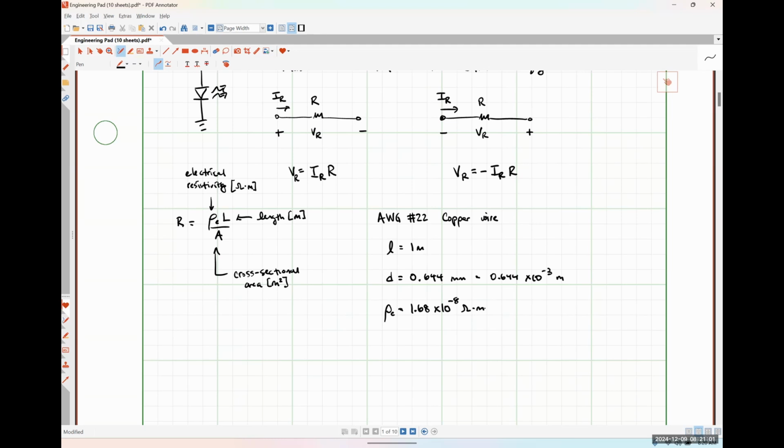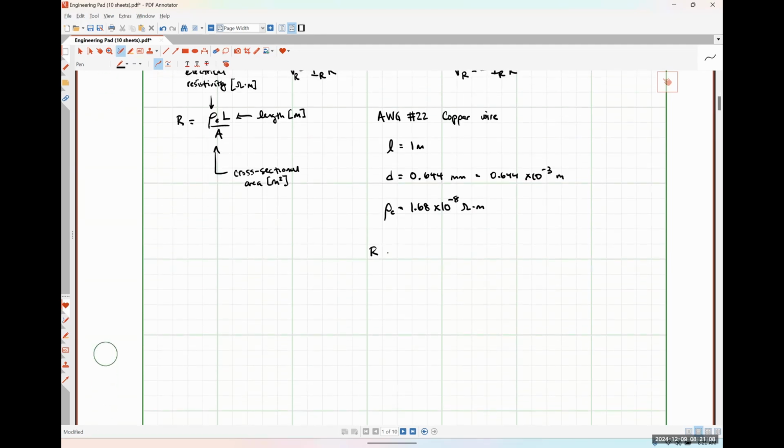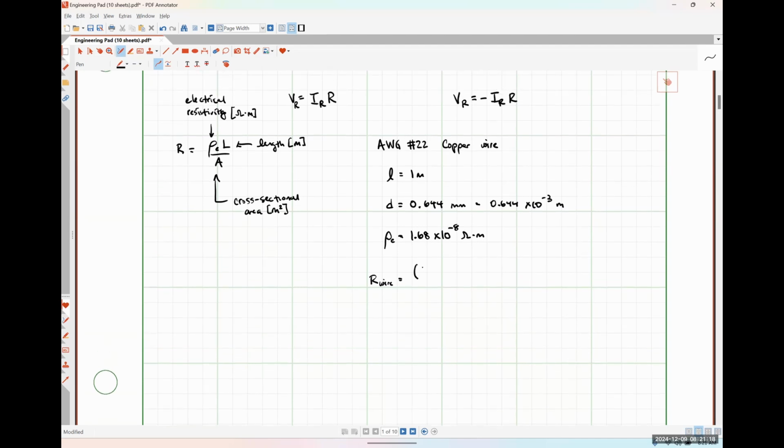Okay. So if we put these 3 parameters into our expression for resistance, we would find that the resistance of a meter-long section of wire, again, much longer than what we would typically expect to use in the simple circuits that we build, would be 1.68 times 10 to the minus 8 ohm meters times our length of 1 meter. For our cross-sectional area, that's going to be pi over 4 times our diameter squared.